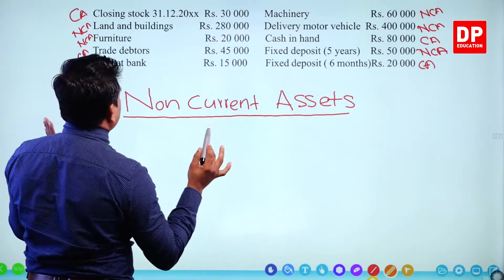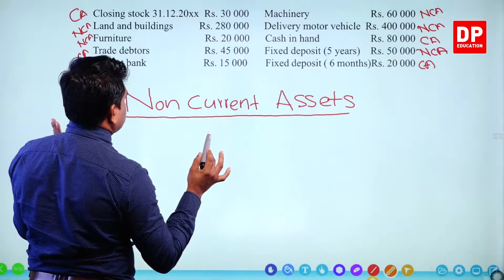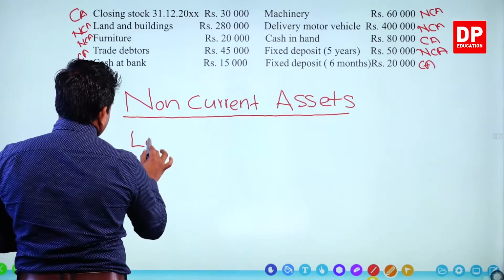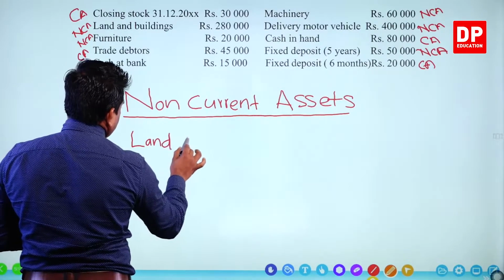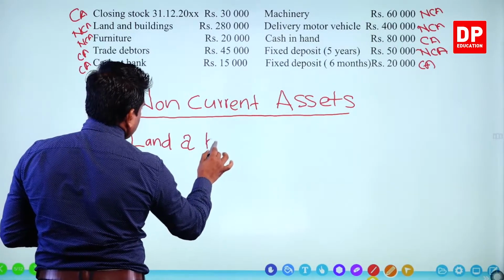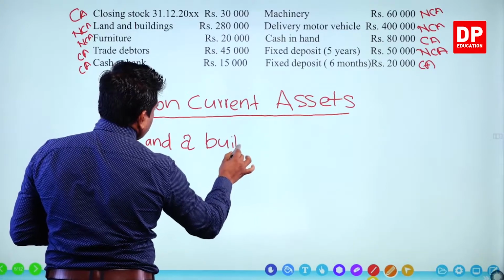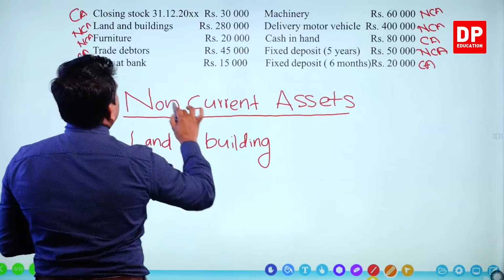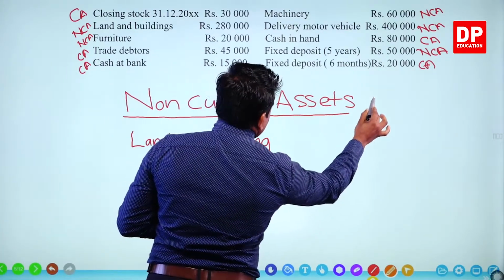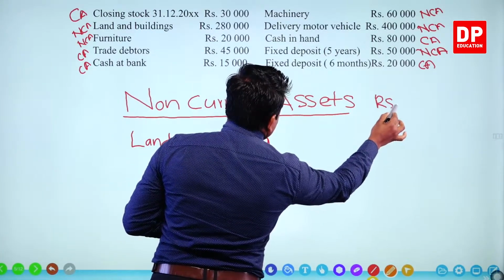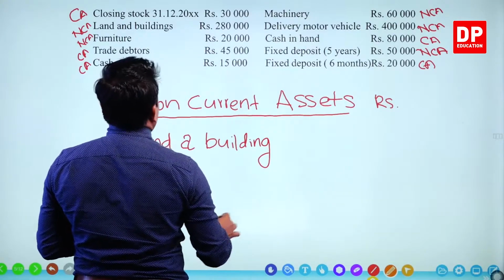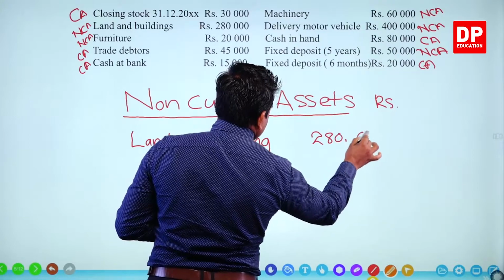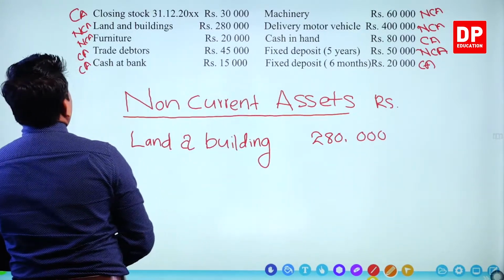Closing stock, current assets. Land and building. Value how much? 280,000. On the top, we can put rupees, then easy. Second one, furniture.